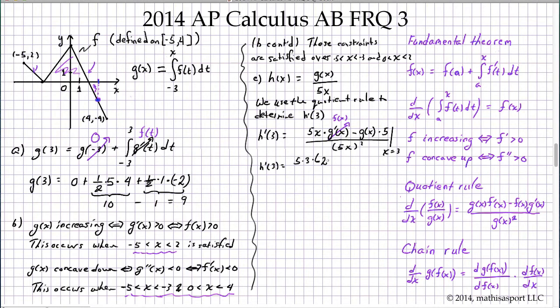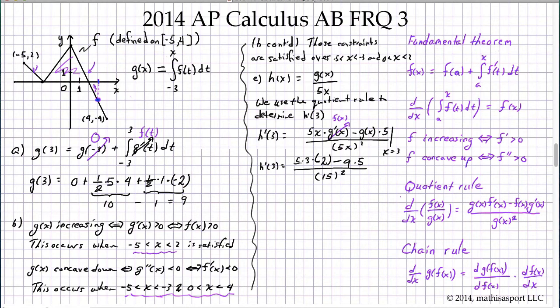So we have that. And then we have to subtract g of x. So what do we need? g of 3. Well, how convenient that we already found g of 3 to be 9 times 5. And all over 15 squared.